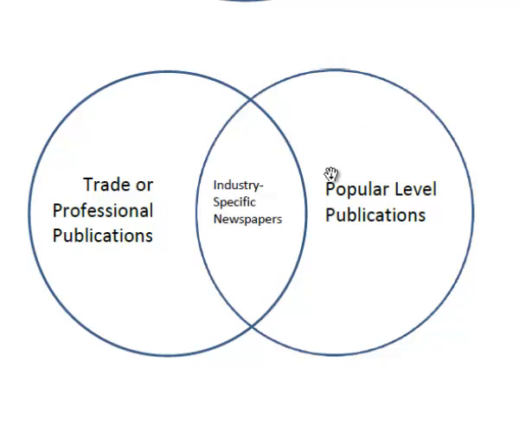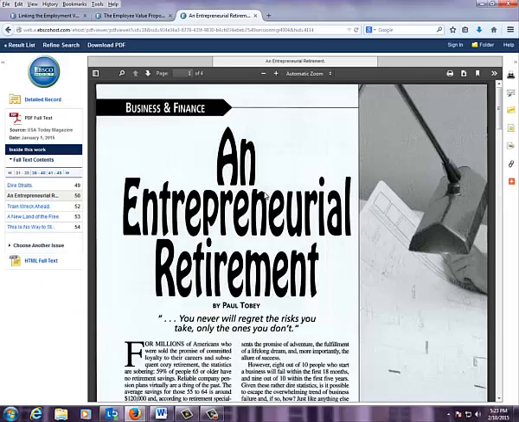Now then we also have popular level publications. These are articles that have been published in magazines or maybe newspapers. They are intended for public consumption. For instance, a popular level publication would be USA Today or Christianity Today. Now here is an example of a popular level article.